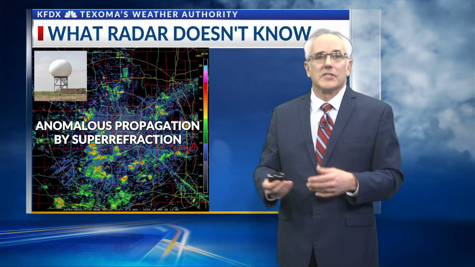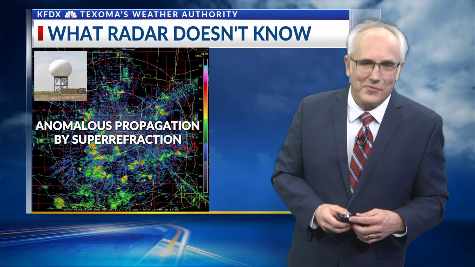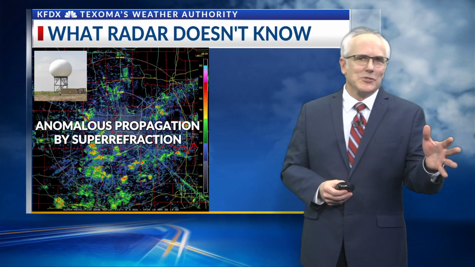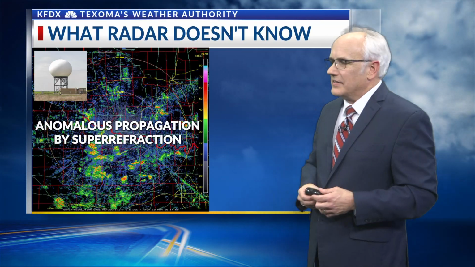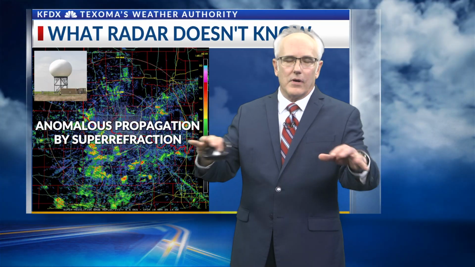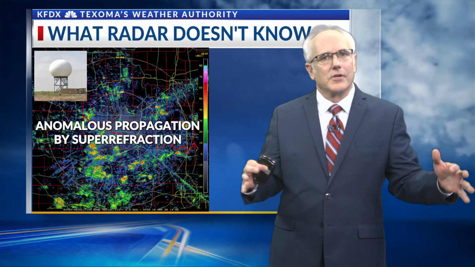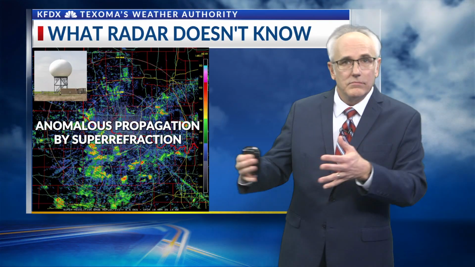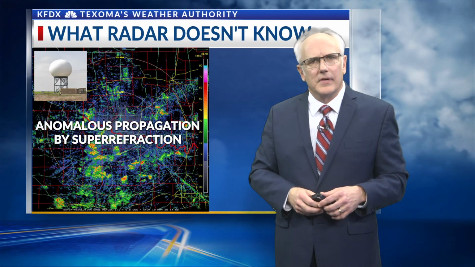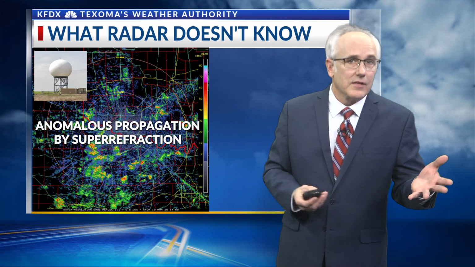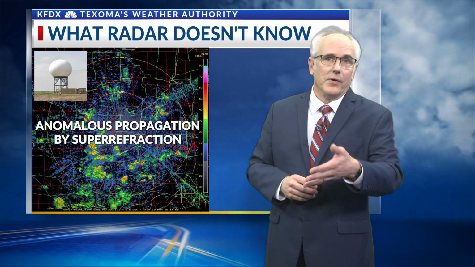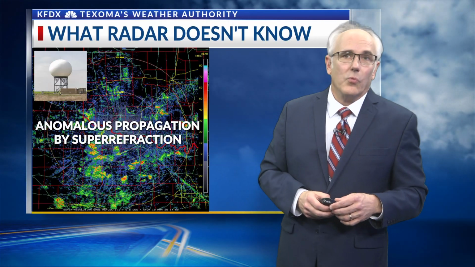Now, scientifically, the explanation is anomalous propagation by superrefraction. It happens when specific atmospheric conditions bend radar beams closer to the ground, and the radar waves bounce off of things moving close to the ground, like bugs, birds, and the blades of wind turbines.